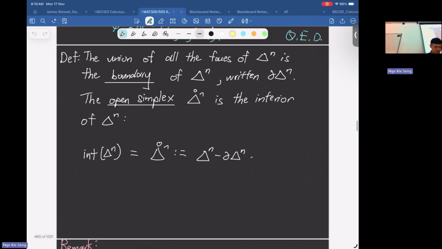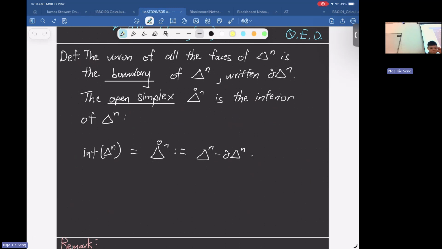Last time we asked what the open simplex for delta 0 is. The interior of delta 0 is delta 0 take away the boundary points. So the claim is the boundary of delta 0 is empty. Because you need to understand how we define the boundary here. Do you still remember how we define the boundary for an n-simplex?